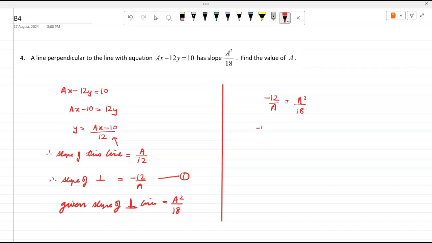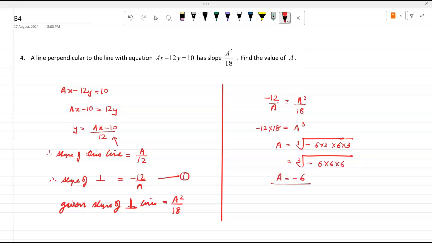Cross multiply. Minus 12 into 18 is equal to a cubed. So a is equal to the cube root of minus 12 into 18. Now listen: 12 is 6 into 2, and 18 is 6 into 3. So basically it is the cube root of minus 6 into 6 into 6. So a is equal to minus 6.